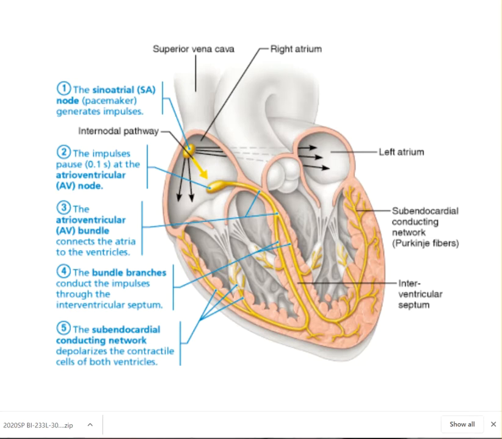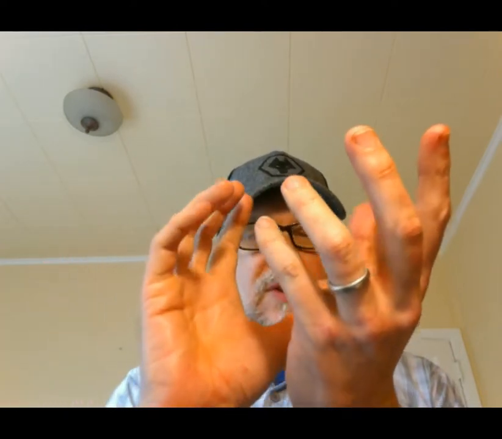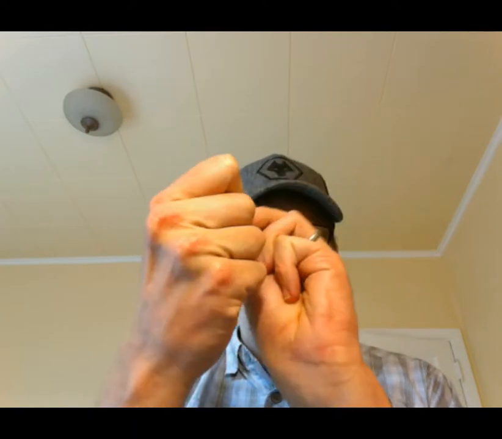So I'm going to switch over to me for a minute. So if your heart is right here, the two atria will contract, the electrical signal will go down to the apex and start to go up the Purkinje fibers, and at the same time both ventricles will start contracting in almost a twist-like fashion.